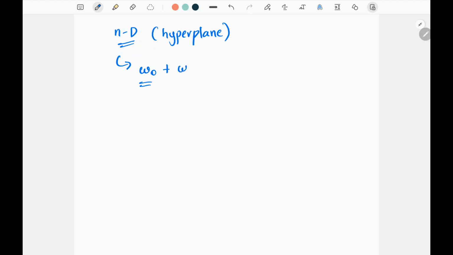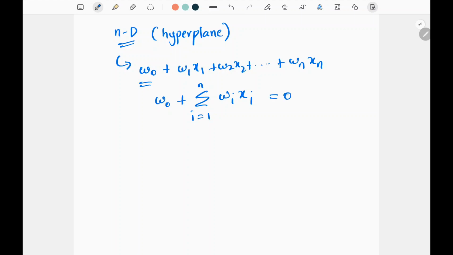Then w1 x1 plus w2 x2 and so on till wn xn. We can also write this as w0 plus the summation from i equals 1 to n of wi xi. This is the representation for n-dimensional space, equal to 0.